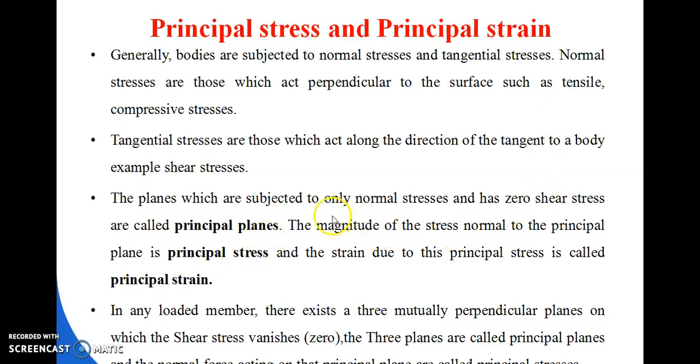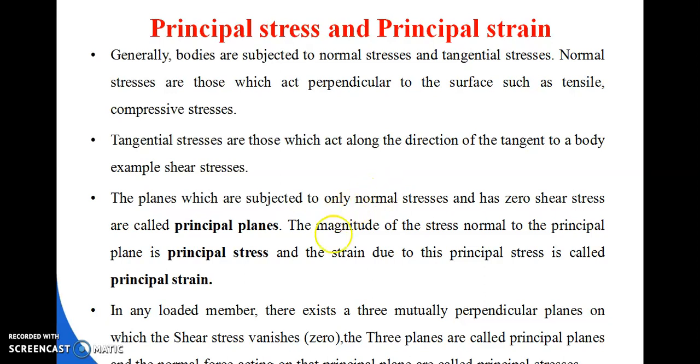That means in a body which is subjected to only normal stresses like compressive stresses or tensile stresses, and no shear stresses act, the shear stress is vanished in that plane.